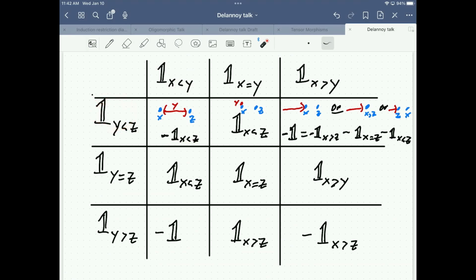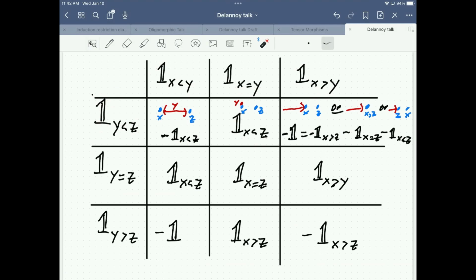I could do similar calculations. If I want to take x equal to y and y less than z, well, the only thing that y can be is x, so I just have one point that has measure 1, and that point x is less than z, so I'm going to get 1 of x less than z. And finally, the complicated case, if I want to compose x bigger than y with y less than z, y is supposed to be smaller than everything.